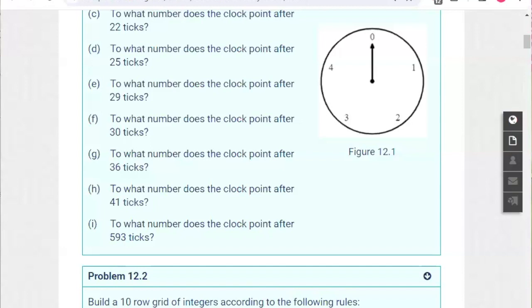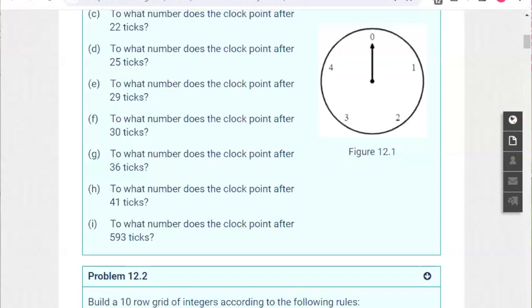Jessica. G says 36. 36 over 5. What's the closest number that you can get to with 36? 6 times 5 is 30.